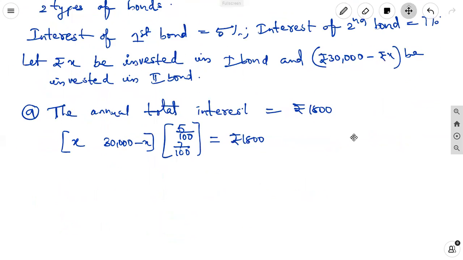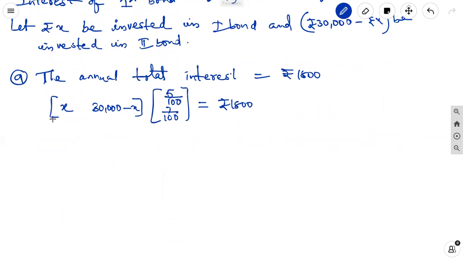The left side is also in amount only. So product of this: 5x by 100 plus 30,000 minus x into 7 by 100 is equal to 1800 rupees.